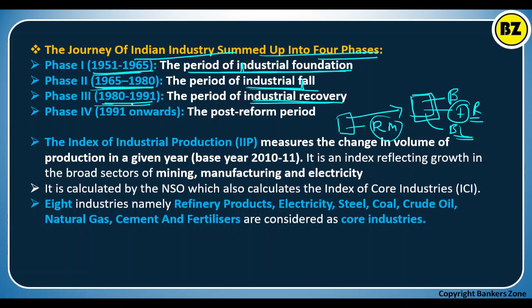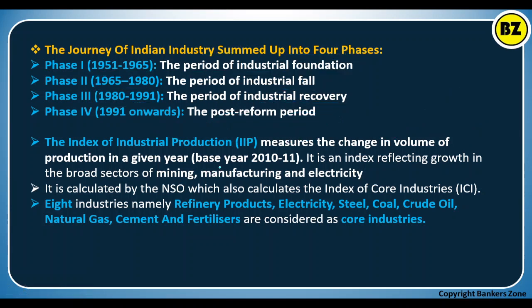Because from 1980 onwards we got a tremendous increase in the service sector, and 1991 onwards is called the post-reform period. Why? Because in 1991 the reforms called liberalization, privatization and globalization, the LPG reforms, were adopted by the Narasimha Rao government, and the key role was played by Dr. Manmohan Singh. Later he became the prime minister. So in this way, these are the 4 phases you can easily remember.